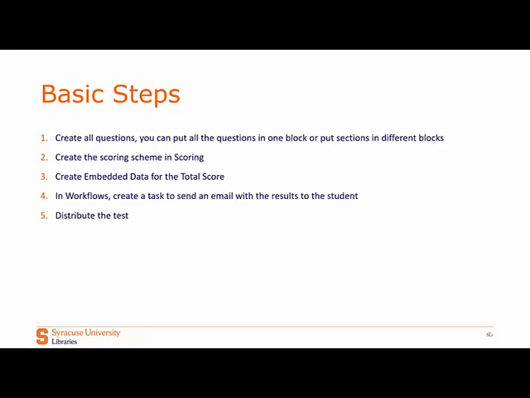Then create an embedded data field for the total score. Then, in Workflows, create a task to send an email with the results to the student. And finally, distributing the test. You need to make sure of when your test is available to start and end when you do this.